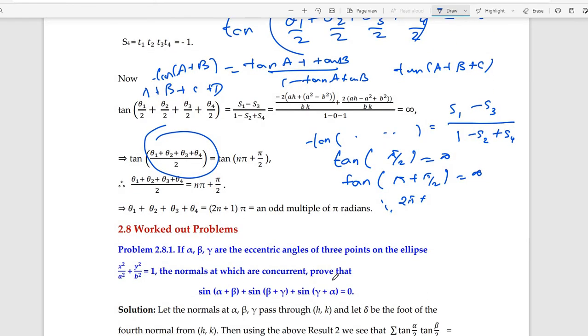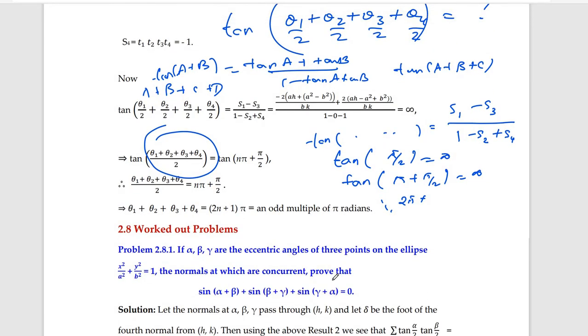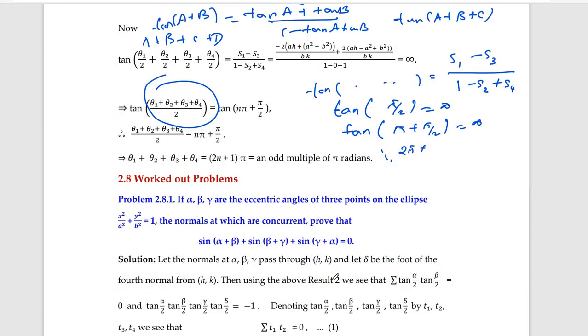Now we will see a few examples, worked out problems on the normals in the case of ellipse, so that then we can move on to concyclic points. So here the first one: if alpha, beta, gamma are the eccentric angles of 3 points on the ellipse x square by a square plus y square by b square equal to 1, the normals at which are concurrent, then we are asked to prove something.